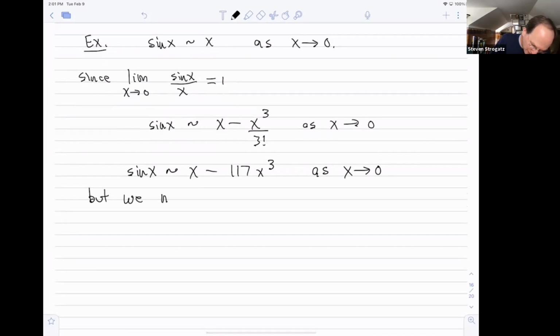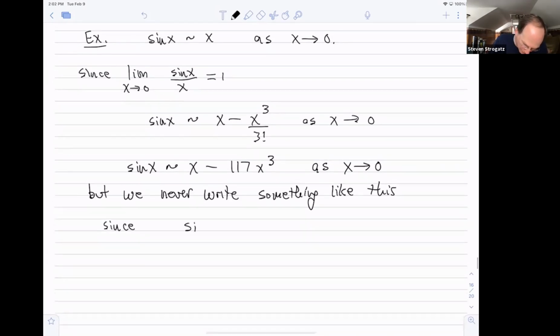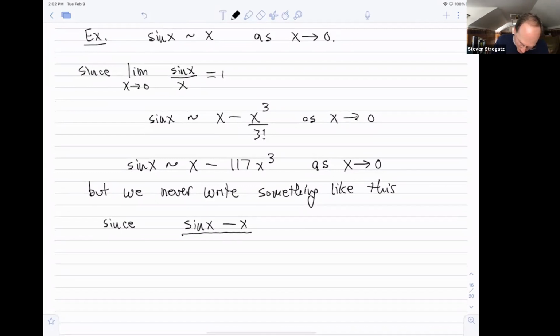So hopefully we never write something like this, since in order to justify using the symbol, if you subtract the x and then divide by, in this case, the silly 117x cubed, or maybe I should be writing negative, that ratio does not go to 1 as x goes to 0, because I have the prefactor incorrect, right?